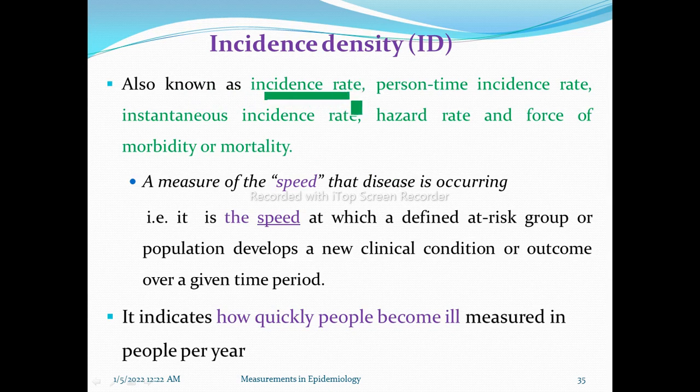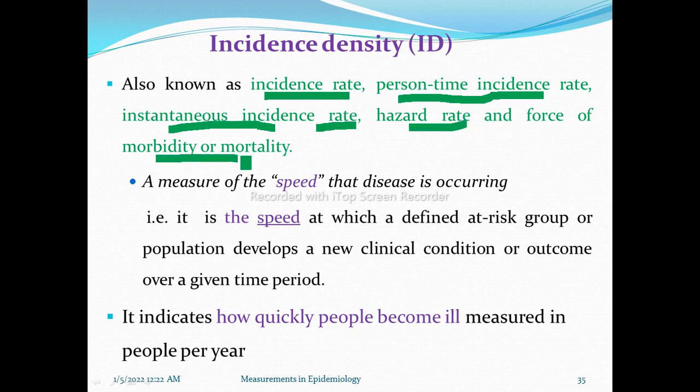We can say incidence density as incidence rate, person-time incidence rate, instantaneous incidence rate, hazard rate, and force of morbidity and mortality. We can say all of this. For instance, in the case of survival analysis, we say hazard rate. The most common name is incidence rate. We can use incidence rate and incidence density interchangeably.